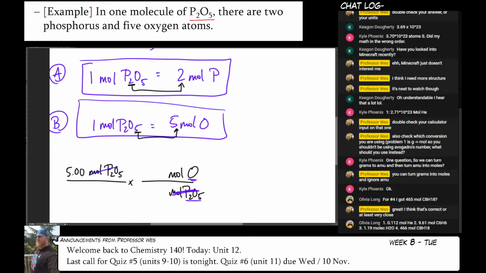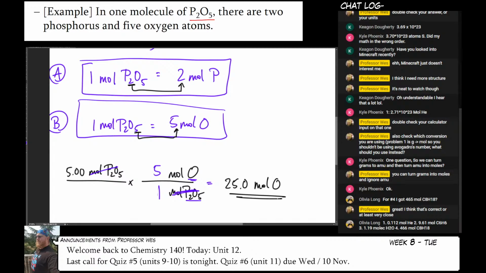And now we just fill in the number. So for every 1 mole of the big thing, P2O5, there are 5 moles of the little thing. And now I can do the calculation. And there you go. That's the expected answer because it should be 5 times what we started with.